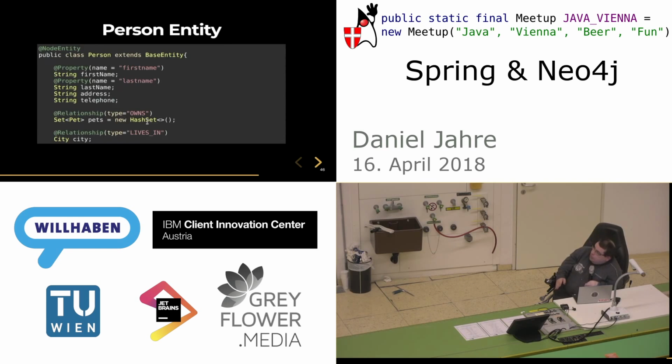And this is a very special kind of relationship. This is a one-to-one relation. And I discovered a bug in the OGM, or at least I believe it's a bug, because at the moment, if you are setting a new city to the person, a new relation is created, but the old one is not deleted, which I think is a bug, but I haven't gotten any response to the ticket I created, so maybe they will fix it.